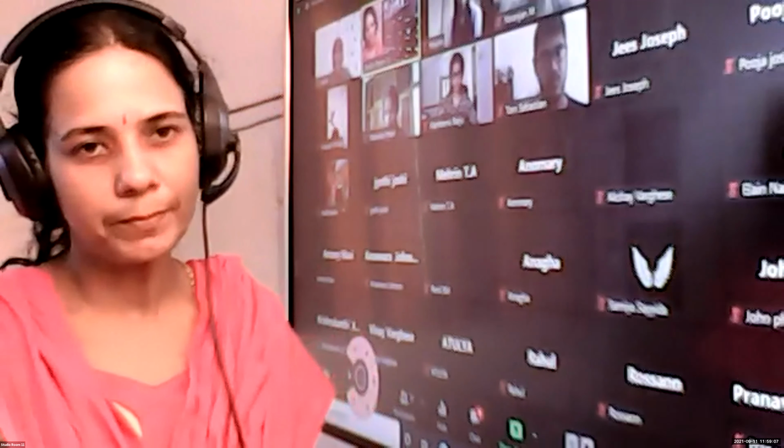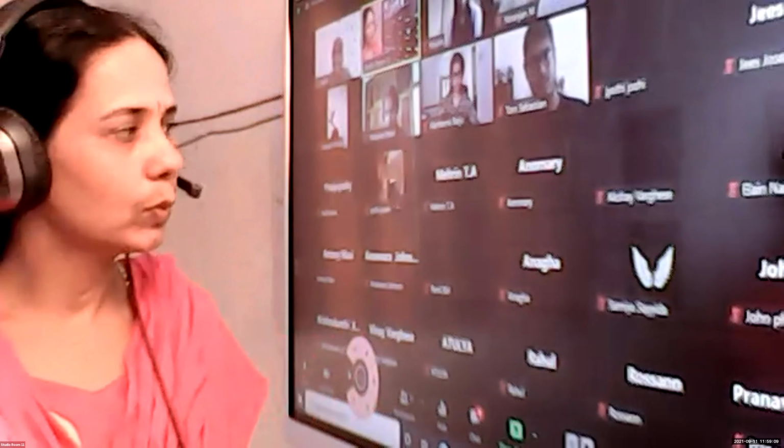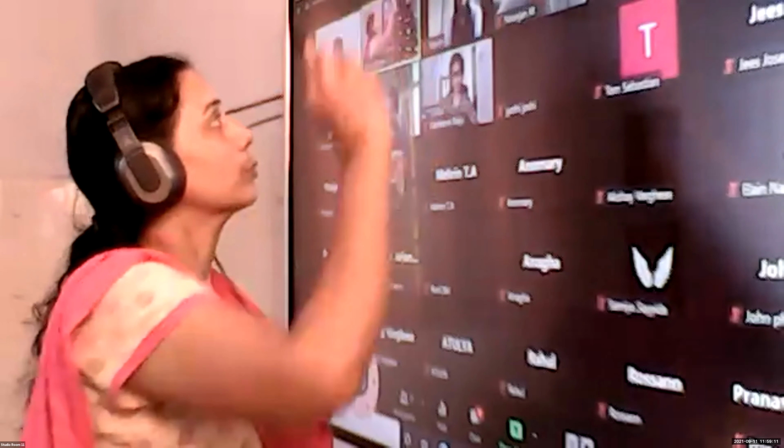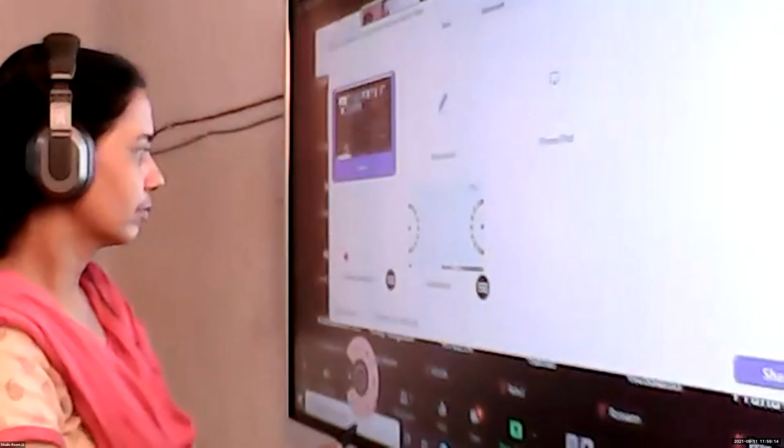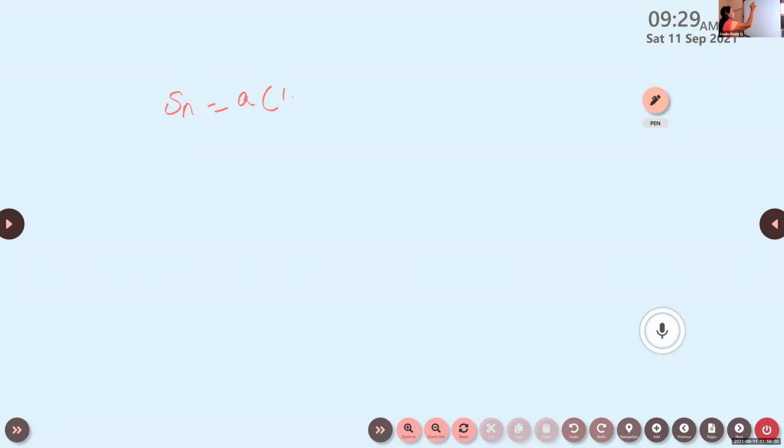Sn is equal to a into 1 minus r raised to n by 1 minus r if r is less than 1, isn't it?